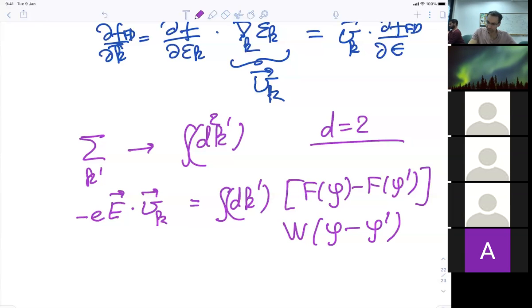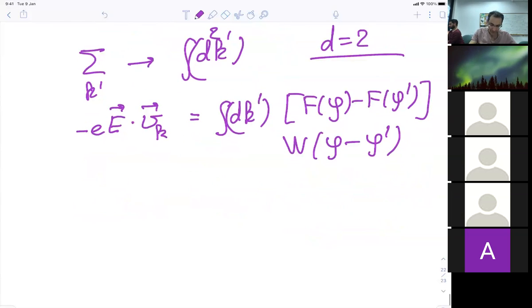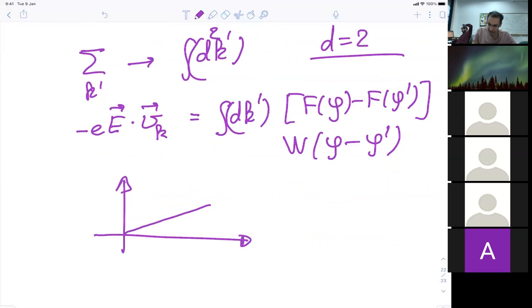Okay. Now, what I'm saying is that there is a direction parallel to E. There is a momentum k.